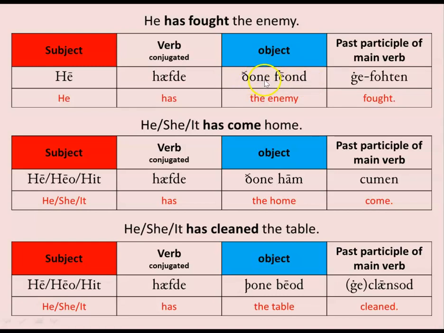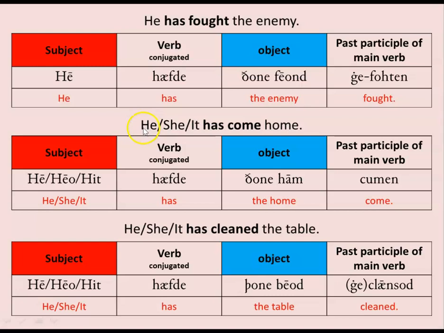So we choose thone, okay, thone fēond. And then fought, past participle of fought, is gefohten. Gefohten. Okay, gefohten, fought.